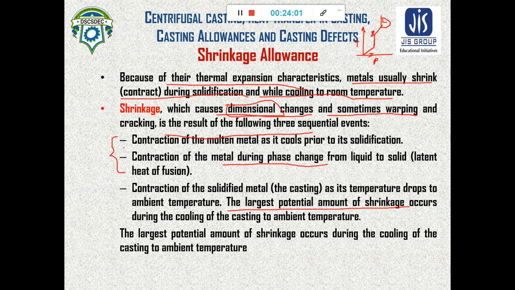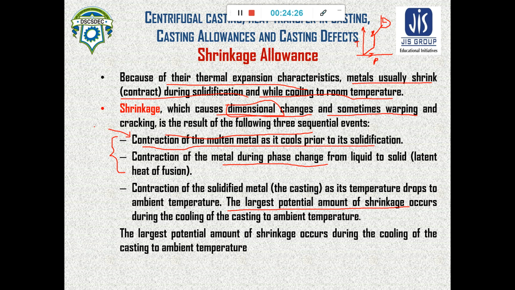So the shrinkage can be taken care of by using two methodologies. First, liquid shrinkage means when the molten metal is contracted. So that is the contraction of molten metal as it cools prior to solidification.